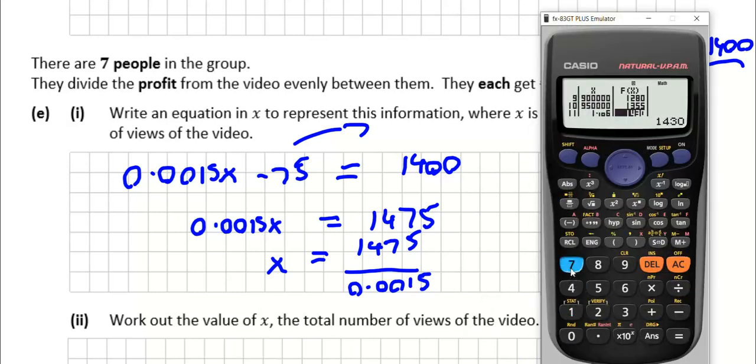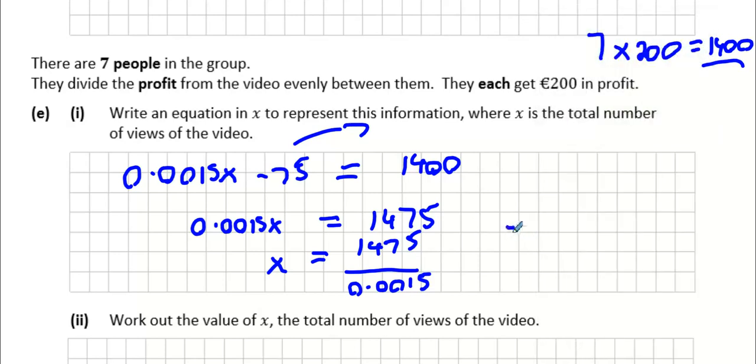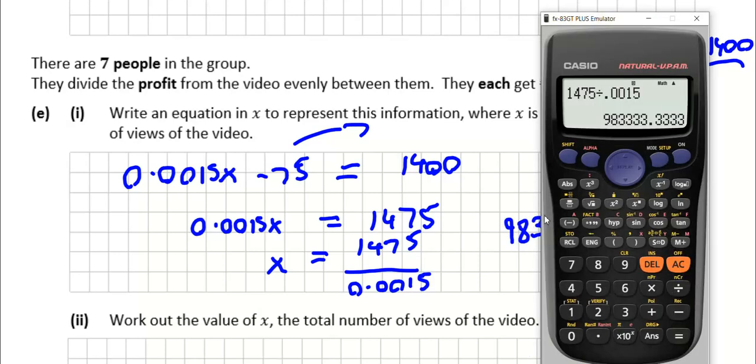So 1,470 divided by 0.0015. Roughly 980,000 views. We have to round up because 333 views won't be enough. So 980,334.